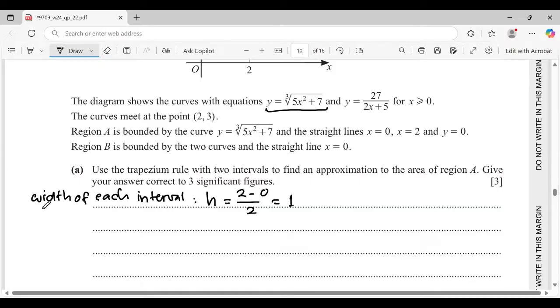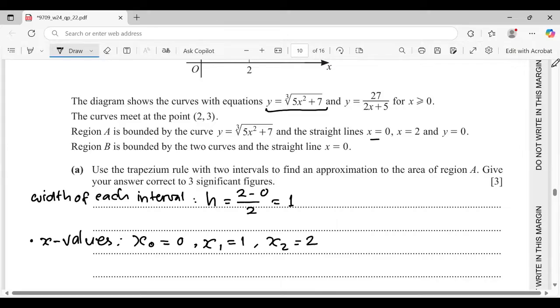Next, we find the x values: x0 equals 0, x1 equals 1, and x2 equals 2.